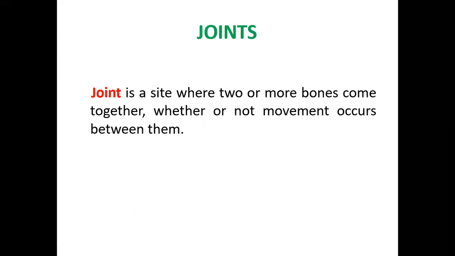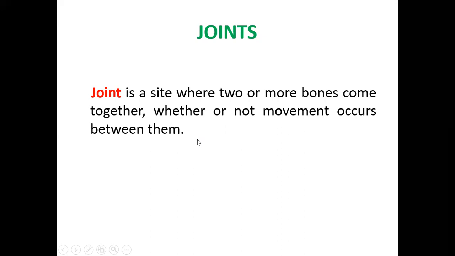So before we study the joints in detail, we should know what exactly a joint is. It is defined as a site where two or more bones come together. When two bones come close to each other and articulate, it is called a joint. Sometimes there can be movement and sometimes there is no movement, whether or not movement occurs between them.